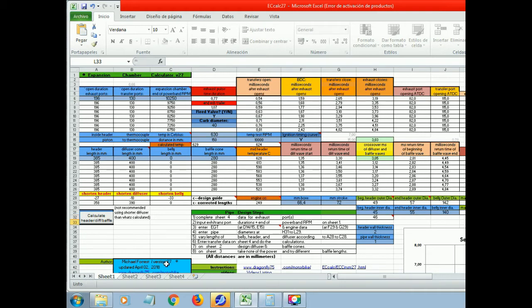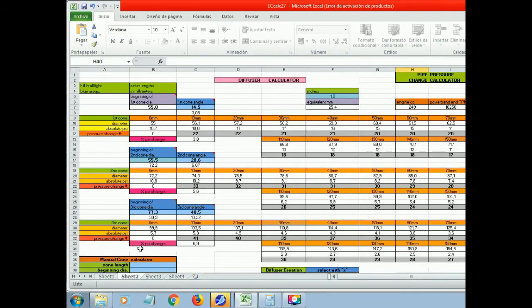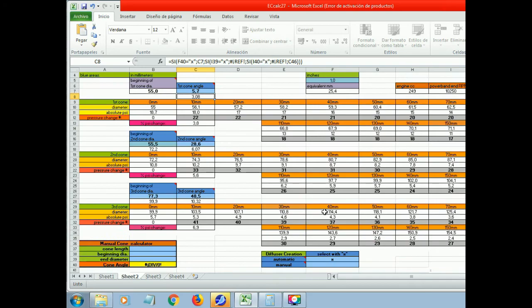Okay, so on sheet 2 he says the first cone of a 3-cone diffuser is 5.7 degrees. First I need to select this, deselect automatic, and select manual.